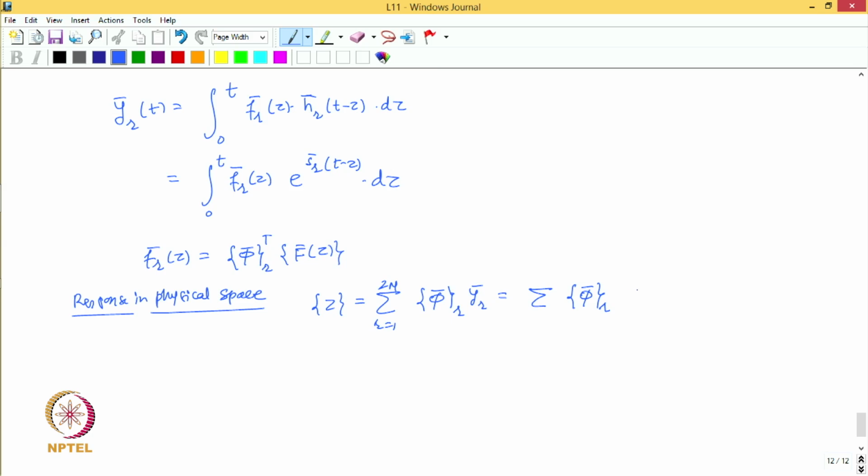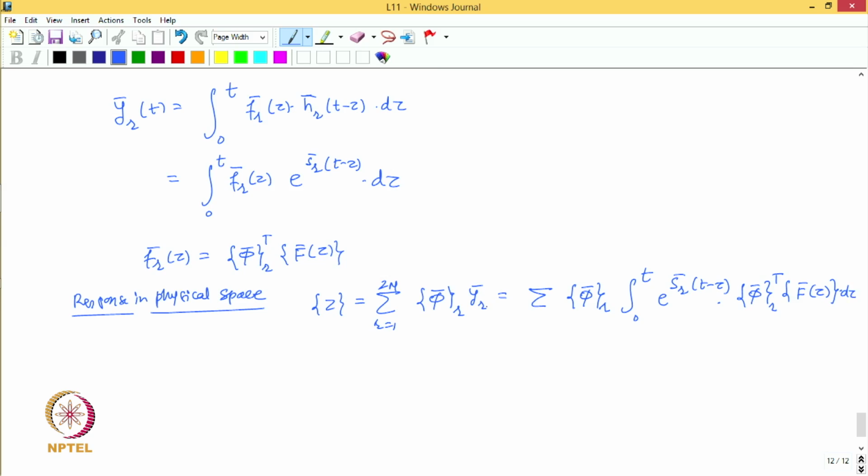Now, in place of y r bar, I can write down integration from 0 to t. So, then I have e to the power s r bar (t minus tau) into phi bar r transpose f bar tau into d tau.